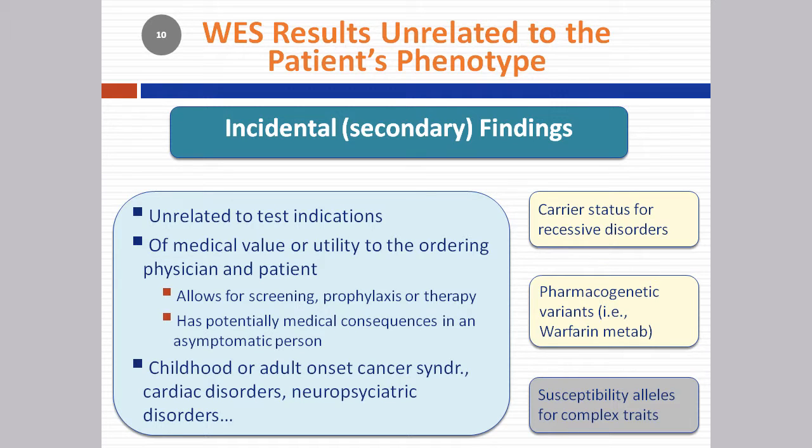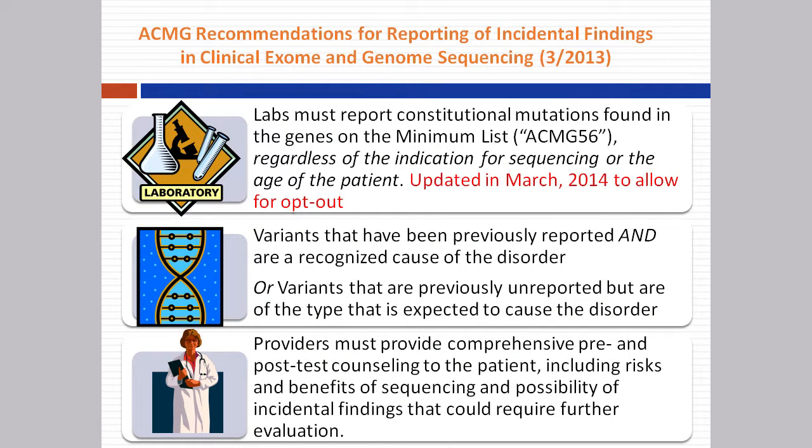For example, the lab must report constitutional mutations found in a minimum list of 56 different genes, regardless of the indication for sequencing or the age of the patient, meaning disclosing that even for children. And as of March of this year, now we allow also for an opt-out of that, so patients can say, no, I do not want to have those results disclosed.